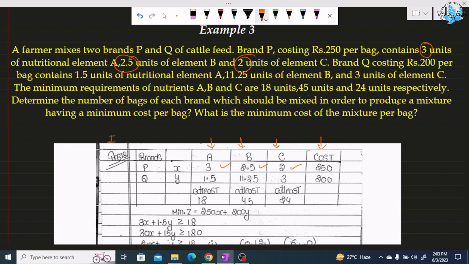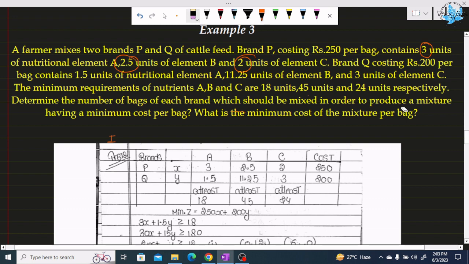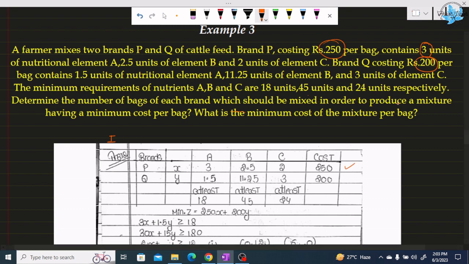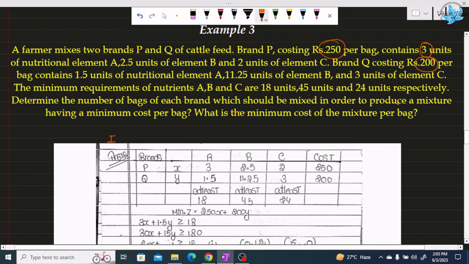Similarly, brand Q consists of 1.5, 11.25 and 3 units of the elements. The cost of brand P is 250, and brand Q is 200.